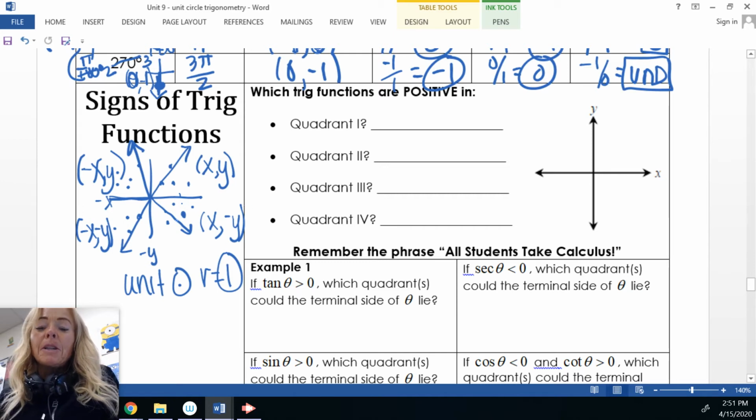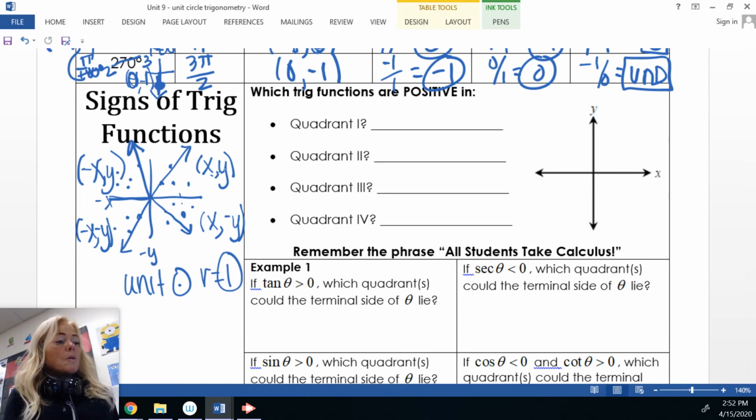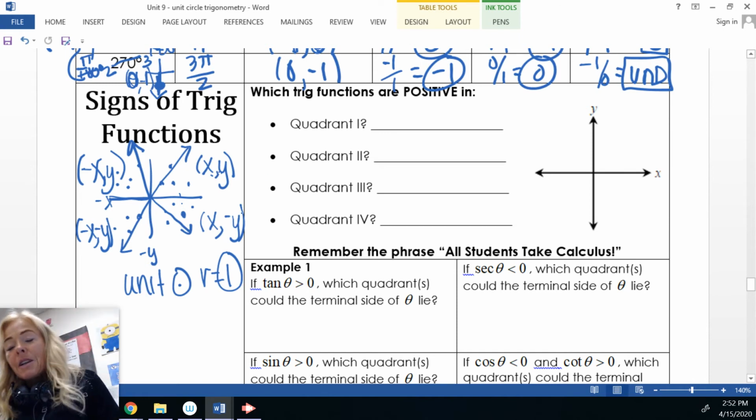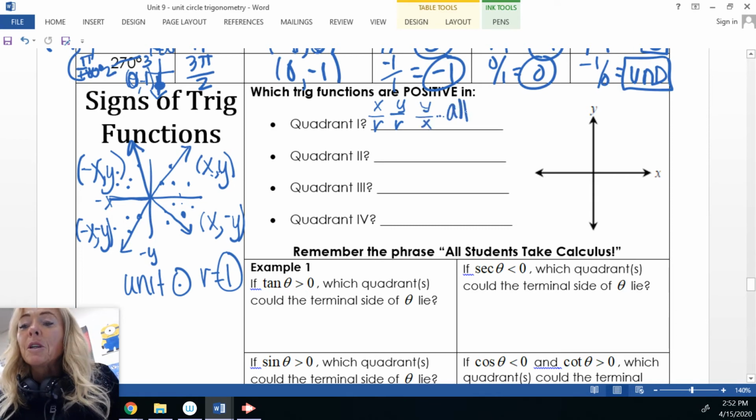Now what's going to happen here is X and Y are both positive in the first quadrant, and so is R. So whether I take a ratio of X to R or Y to R or X to Y or Y to X or R to X or R to Y, whatever the case, I'm always going to have a positive X over R, positive Y over R, or a positive Y over X, and so forth. So all functions are going to be positive in this quadrant.